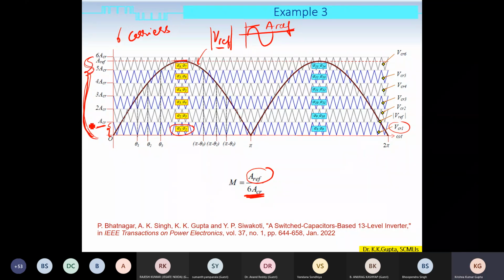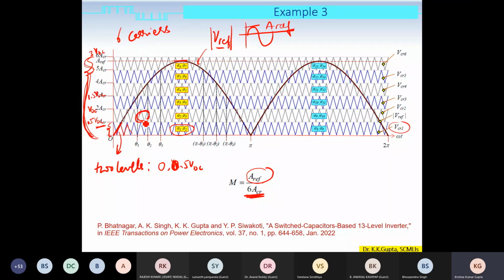For example, this corresponds to 0.5 VDC, this corresponds to VDC, this corresponds to 1.5 VDC, and similarly we go up to 3 VDC. If the reference is compared here with the first carrier, then we get two levels here, and those two levels will be 0 and the lowest step, which is 0.5 VDC.